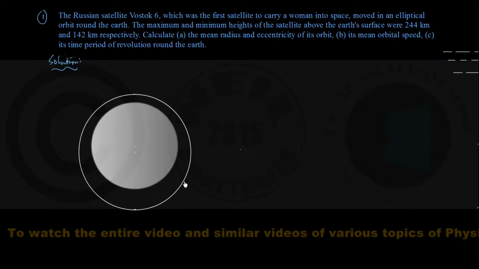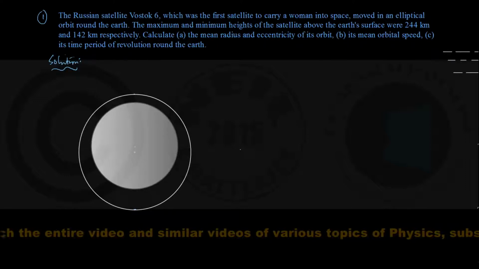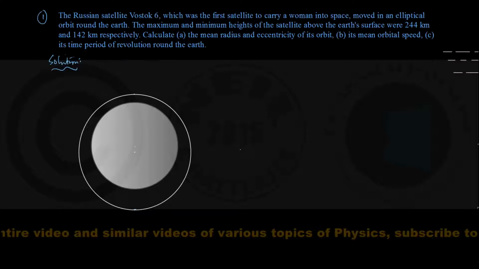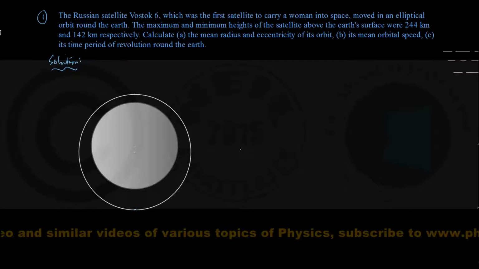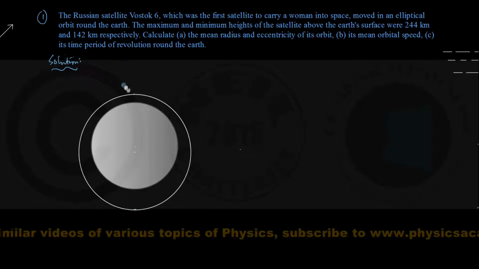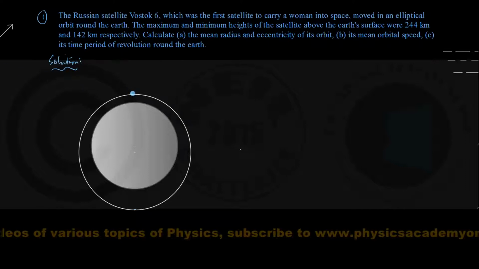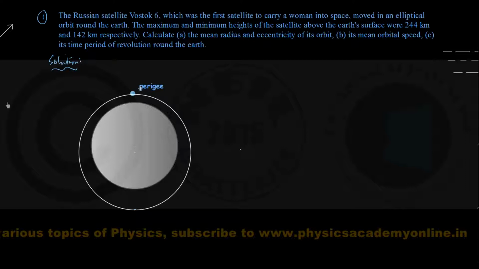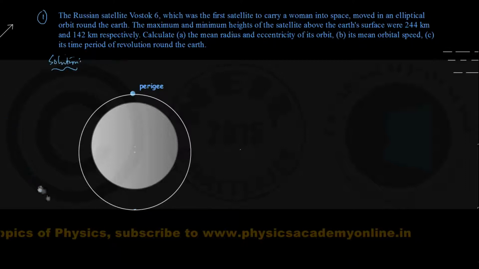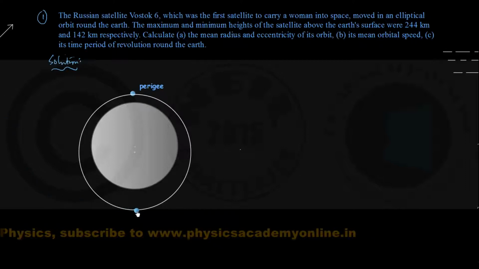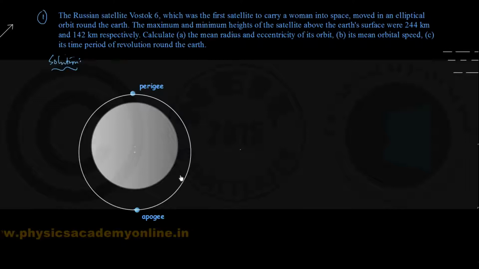You can see that this is the point when the satellite is nearest to the Earth. This point is known as perigee, and this is the point at the bottom when it is farthest from the Earth, and this position is referred to as apogee. You are aware of the terms perihelion and aphelion for the nearest and farthest point from the Sun. In this case, the corresponding words are perigee and apogee.